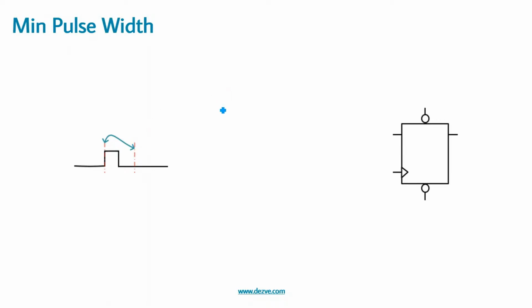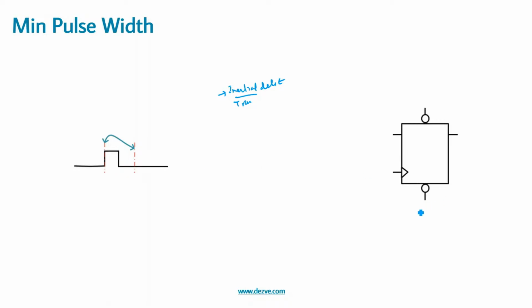In the first session we discussed some inertial delays and transport delays, correct? We have seen that if the inertial delay of a circuit is like 5, and there is a signal change which is less than the inertial delay of the gate, that change is eaten up by the cell, correct? So this specified min pulse width is kind of an inertial delay check for respective gates.